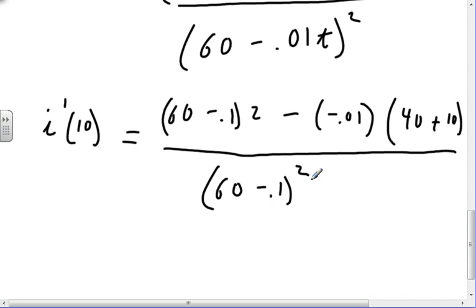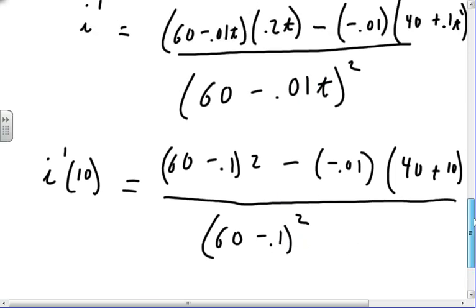No, wait, because t is 10, so 0.01 times 10 is 0.1.